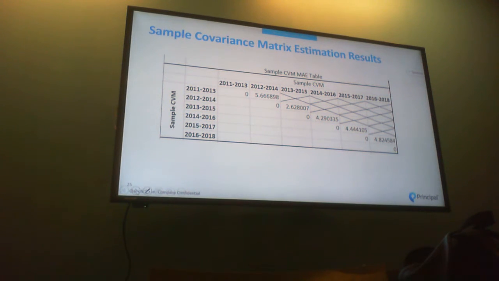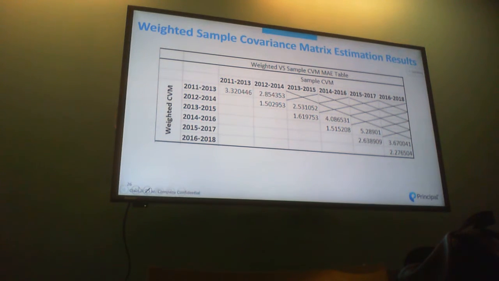Okay. So yeah, this is the sample covariance matrix estimation and comparison between the sample covariance matrix and weighted covariance matrix. We just apply the same method to the weighted covariance matrix and compare the weighted covariance matrix and simple covariance matrix.